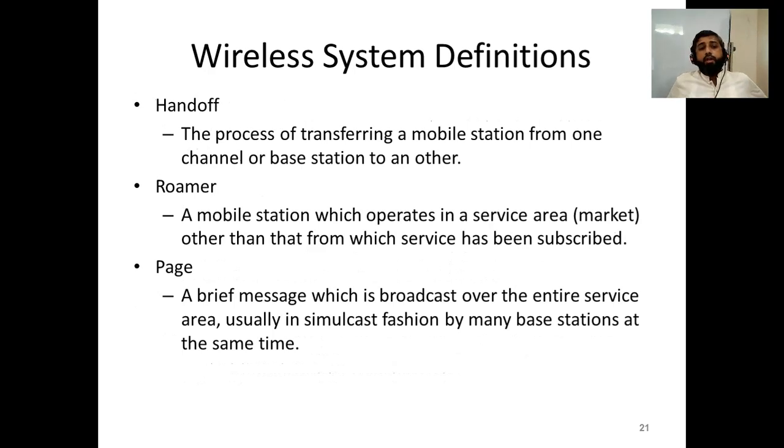Okay, one of the important aspects in wireless communication is actually handoff. As we discussed in our last lecture, the wireless systems have mobility. They are designed to support the mobility, and while the mobile station is in movement, there are possibilities that it goes beyond the coverage region of a specific base station.